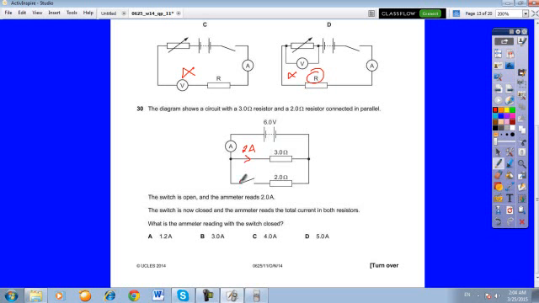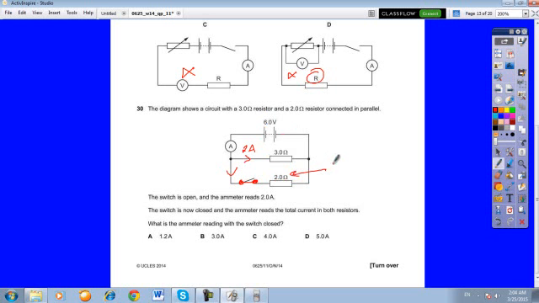Now, when the switch is closed, current is passing from here and from here as well. Also, voltage of this resistor is equal to 6 volts since it's in parallel with the battery.